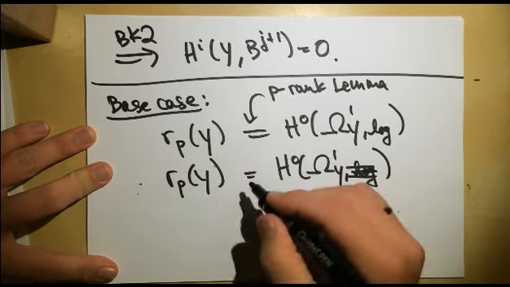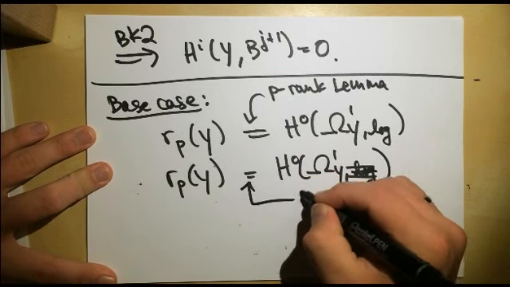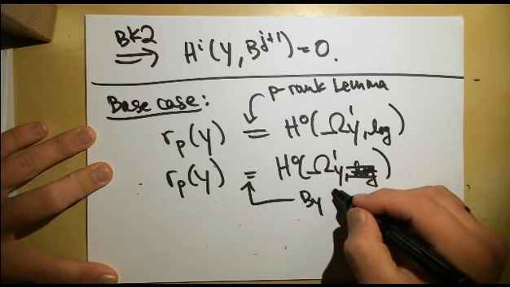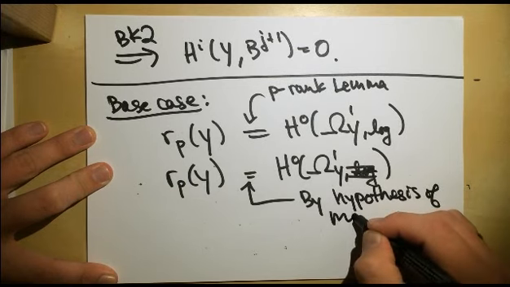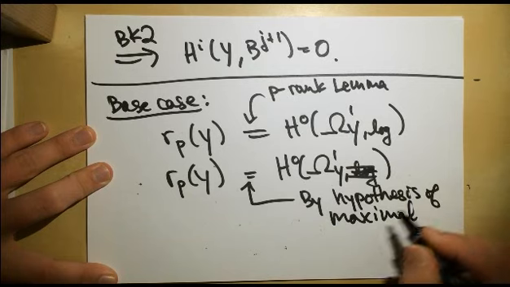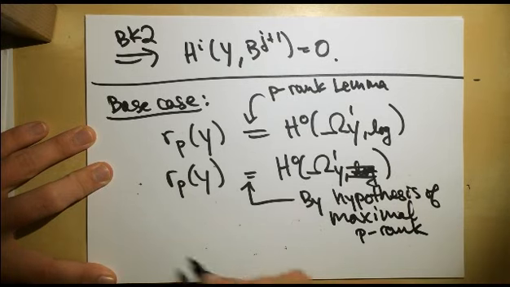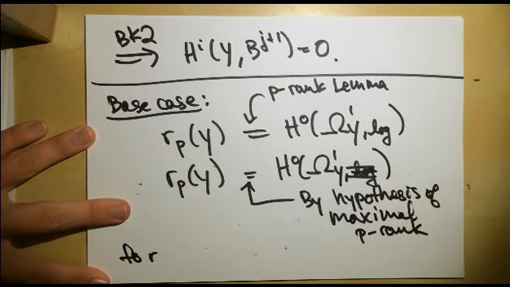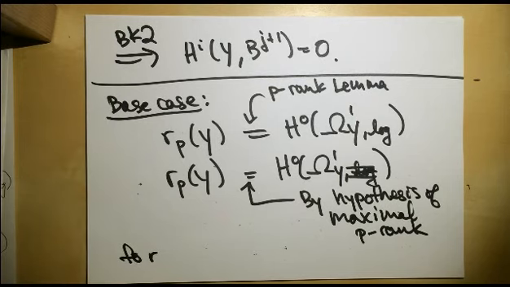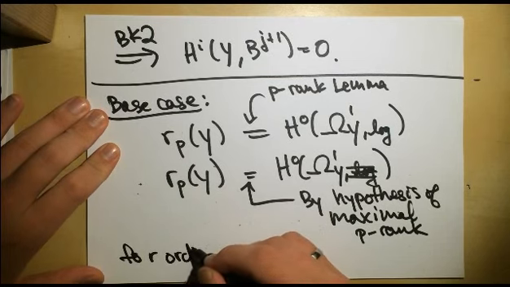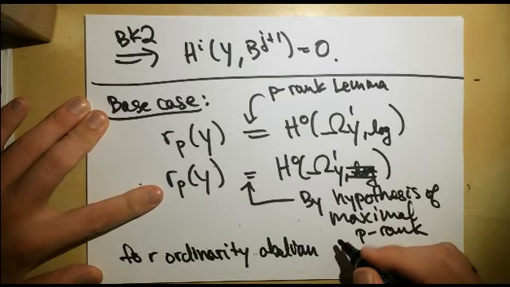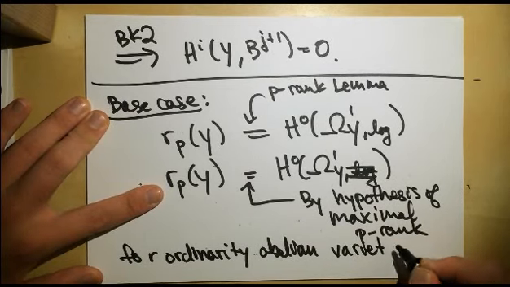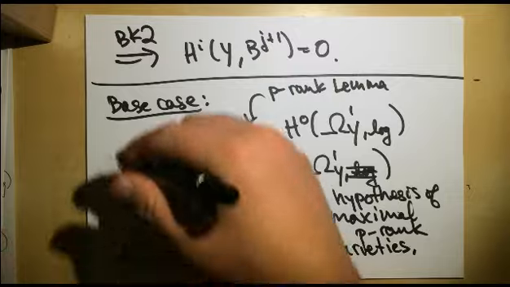So this is just by hypothesis, by hypothesis of maximal p-rank for ordinary varieties, abelian varieties.